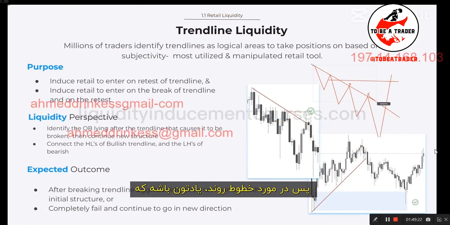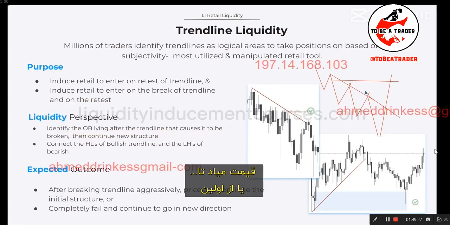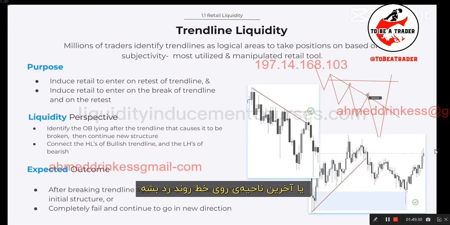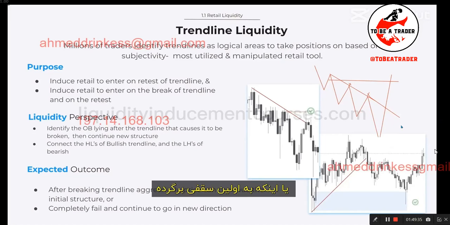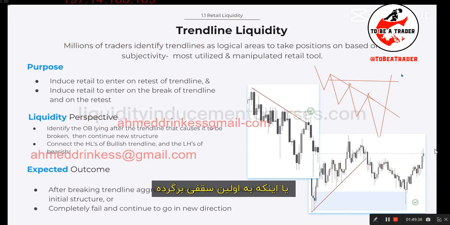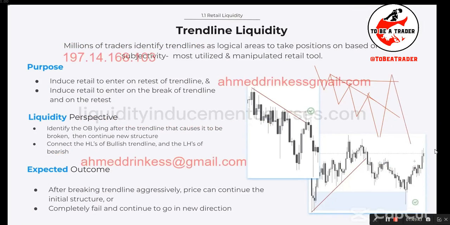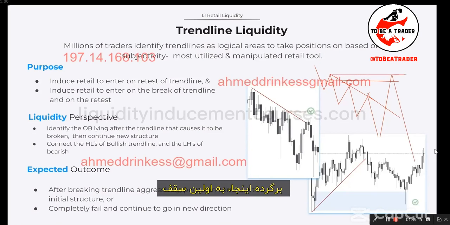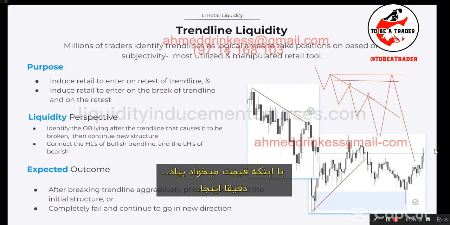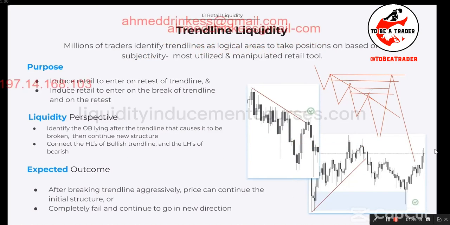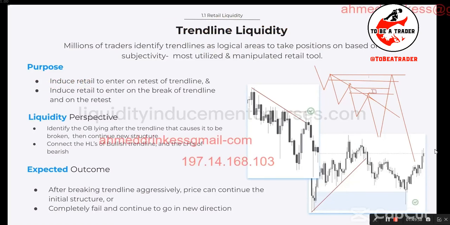So remember, for trend lines, price will either come to take out that last area on the trend line to then go lower, or, very important, it will come back to the first high that started the trend line. So it's either this is going to happen, or it's just going to come right here. In this example, this would be your decisional, and this would be your extreme.